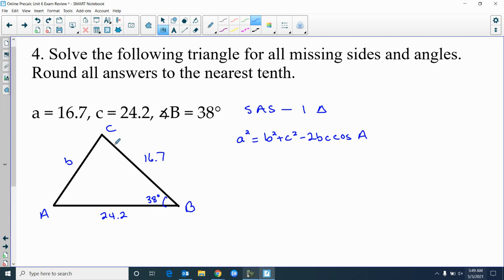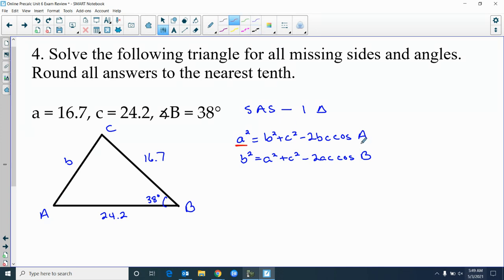Well, we are solving for b squared. Well, b squared is going to be the other 2 sides, a squared plus c squared minus 2ac cosine of the angle.